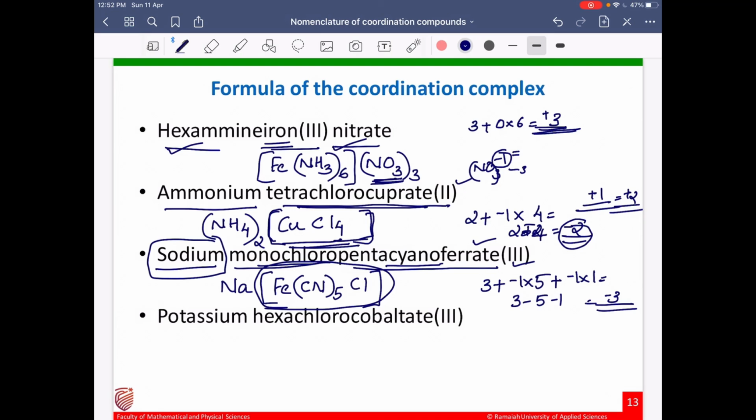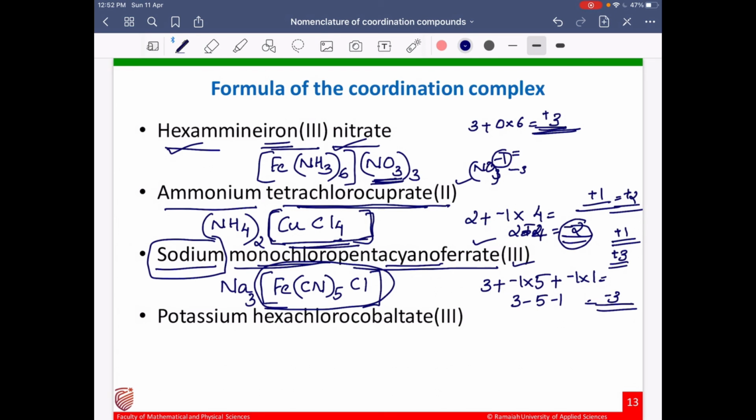In order to counteract that -3, sodium should provide +3. But one sodium ion provides only +1, so 3 sodium ions should be present as counter ions. So the formula will be Na3[Fe(CN)5Cl].